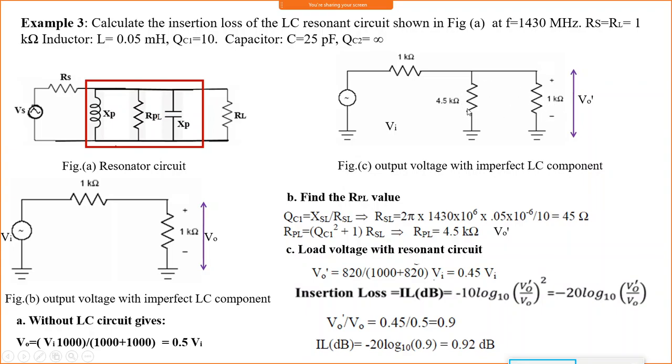This parallel combination is 820 ohms, so multiply that by current. Current is given by VI divided by 1000 plus 820. Okay, so we will be getting V naught dash.